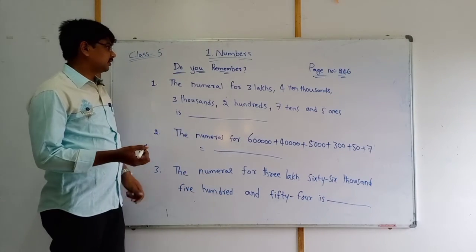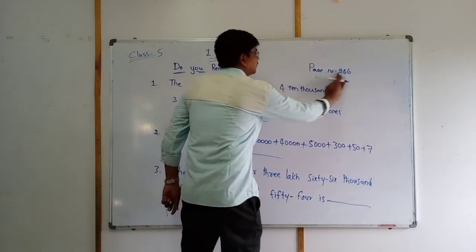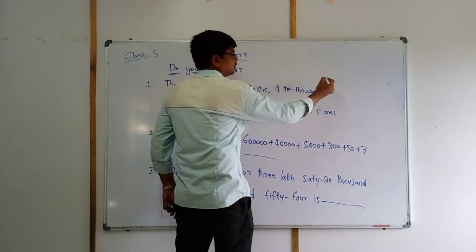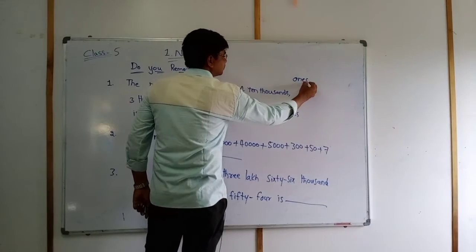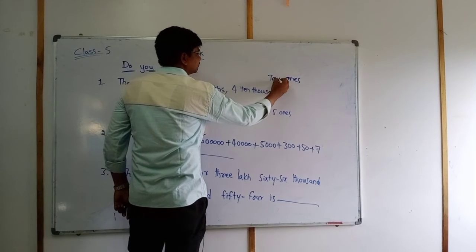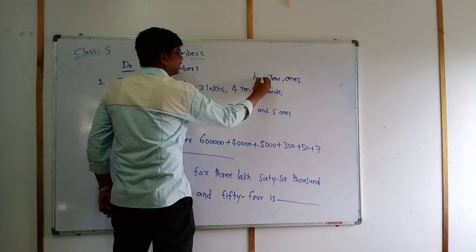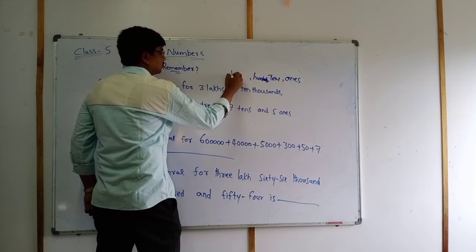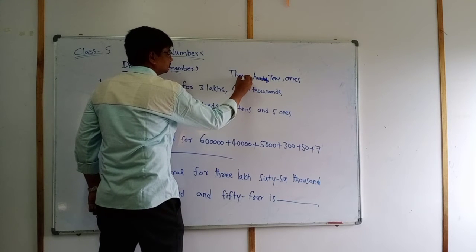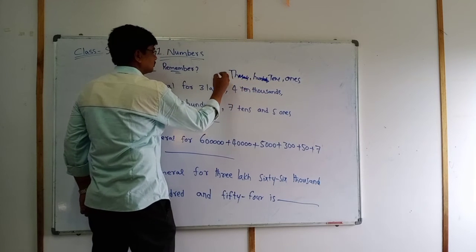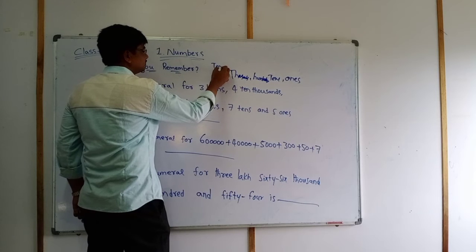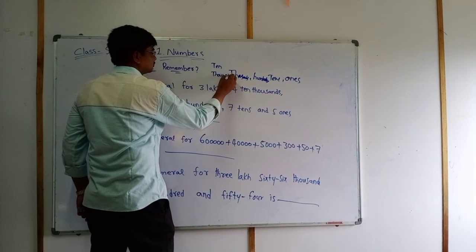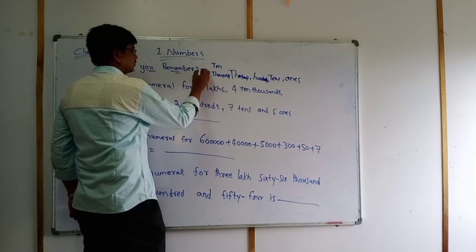First of all, let us write the system of numeration. Ones, tens, hundreds, thousands, 10,000s, lakhs.